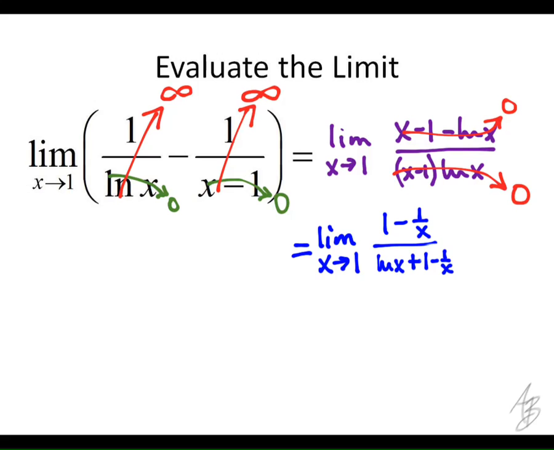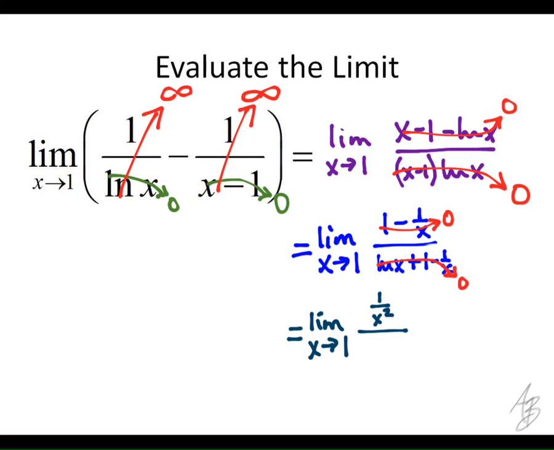Now if I try putting 1 in, on top I get 0, on bottom I get 0. So does that mean it's time to give up? Sure. Or we could use L'Hopital's rule. Good, Alyssa. So we do the same thing. We take the derivative again. So this is negative x to the negative 1.